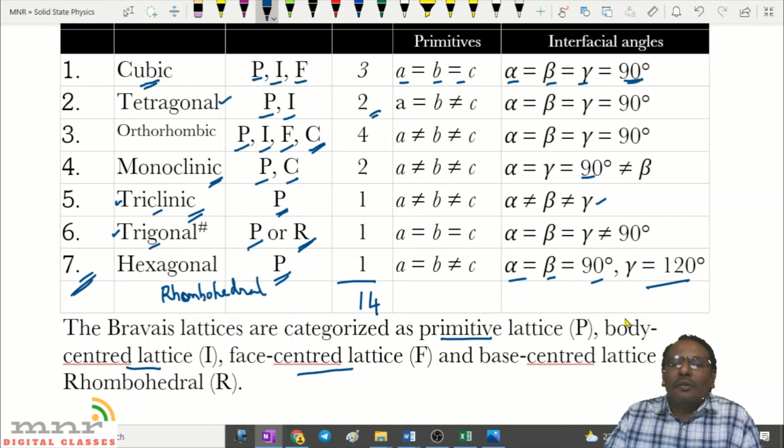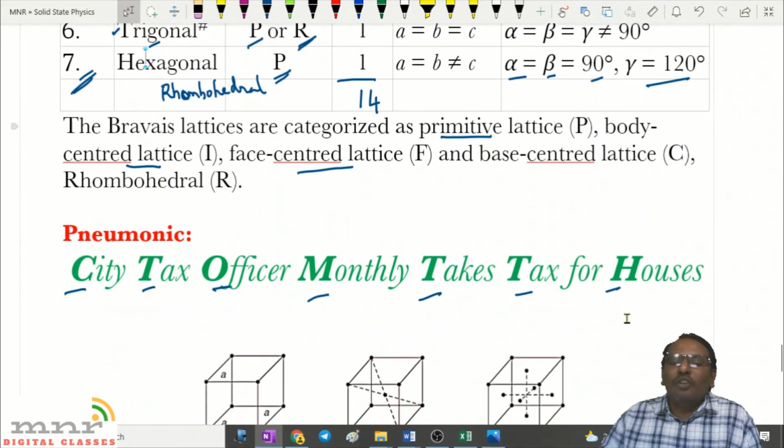So among the 3 T's, tetragonal first, triclinic second, trigonal third. This is the mnemonic to remember the order of writing the crystal structures. It is not necessary that we follow this method only, but it is a convenient method to remember the sequence.